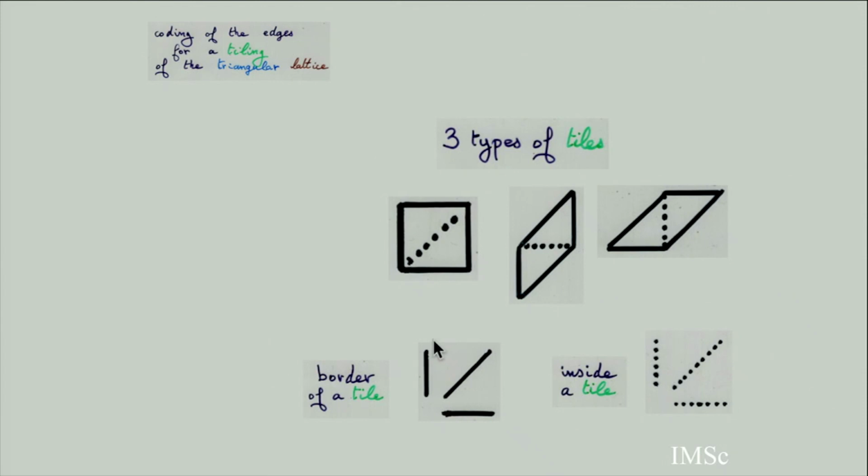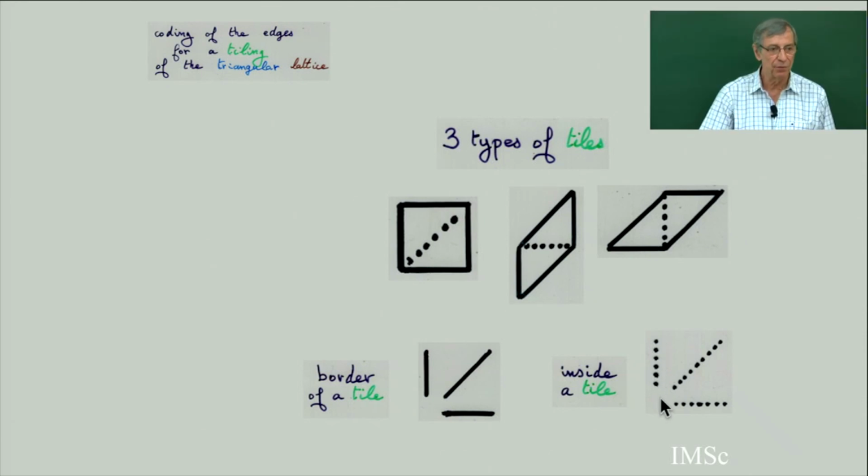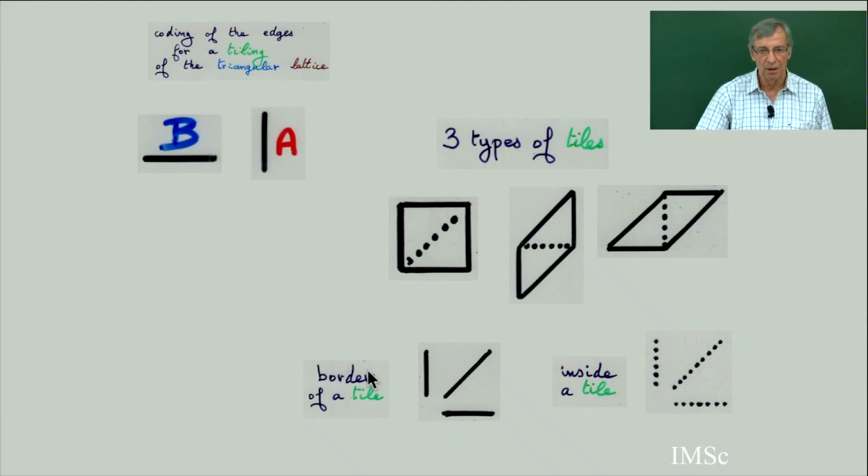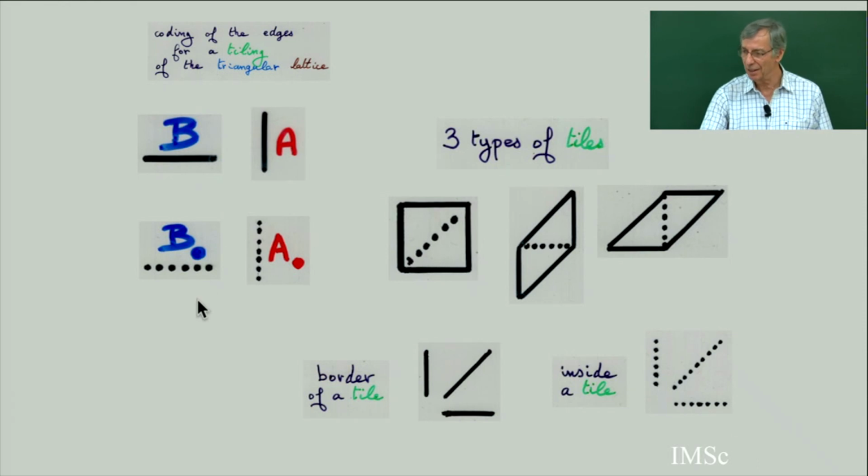Sometimes I will make some border of the tile in a full line, or in a dotted line when I am inside a tile. And I will have 4 possible labelings for the edges. So if I am at the border of a tile, I will put B on horizontal edges and A on vertical edges. And if I am inside a tile, a dot, I will put B dot and A dot.